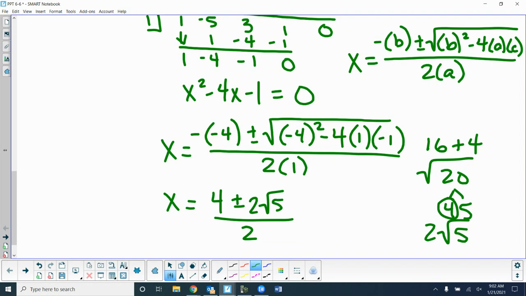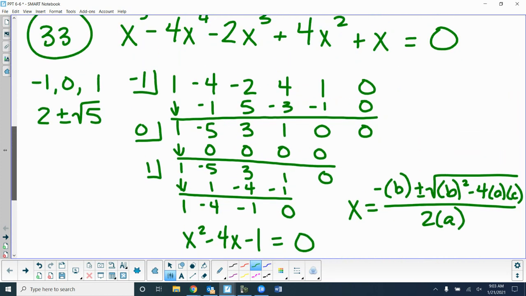What am I going to do with those 3? How do I simplify? Divide by 2. Right? 2 plus or minus 1 radical 5. Are those the 2 that we were looking for? Yeah.